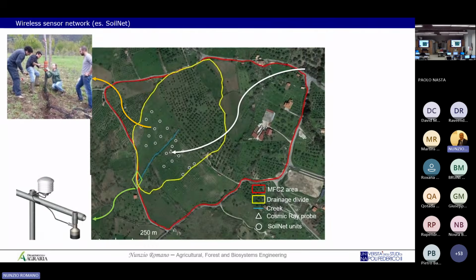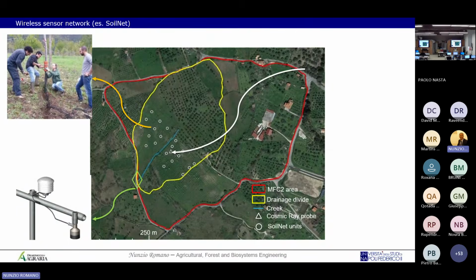These are pictures of our installation of the wireless sensor network, the SoilNet, in one of our experimental catchments, the Monteforte catchment, MFC2. The catchment area is the yellow one, and the yellow line is the drainage divide.